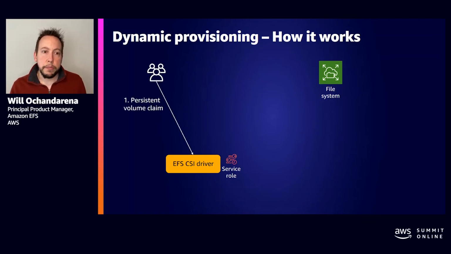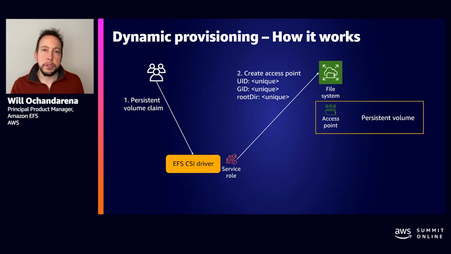That persistent volume claim goes to the EFS CSI driver, and then the CSI driver on the user's behalf will go to EFS and create an access point. That access point will have a unique identity and it'll have a unique directory. So it'll create a private space within a file system and map that to a persistent volume that is then handed back to that user. So now administrators don't need to be in the path of new applications getting deployed on Kubernetes.